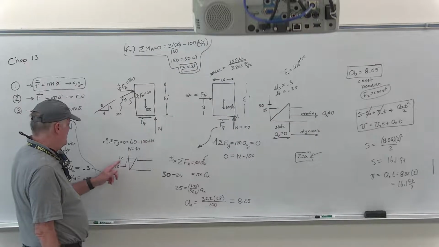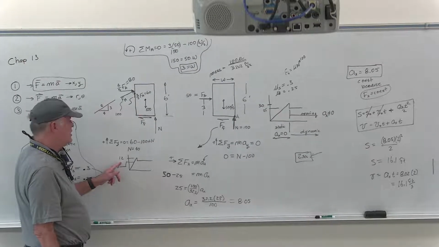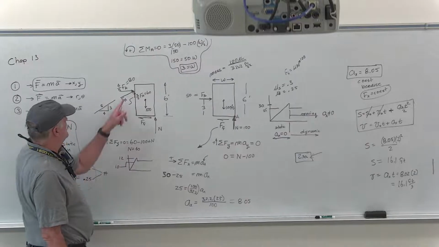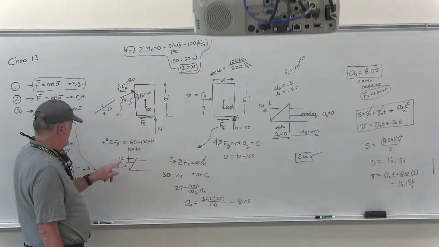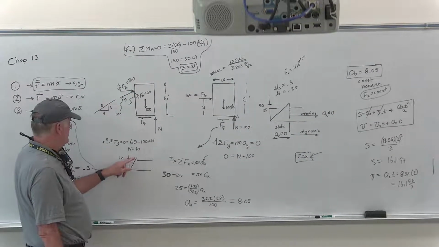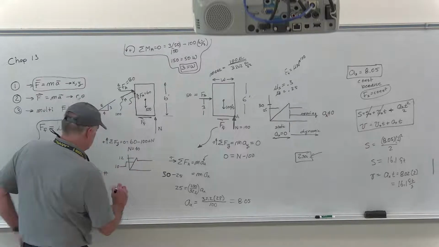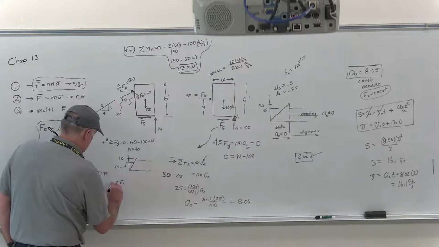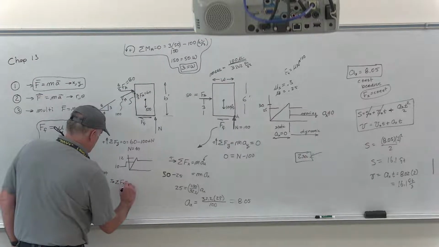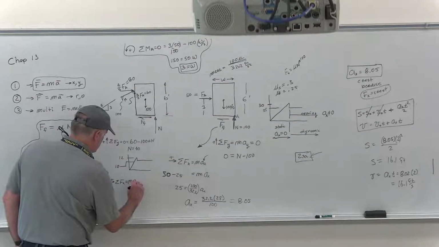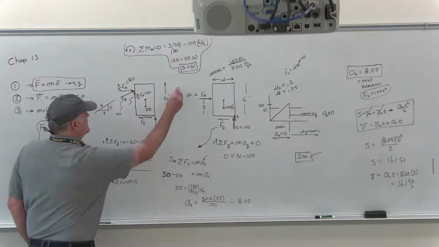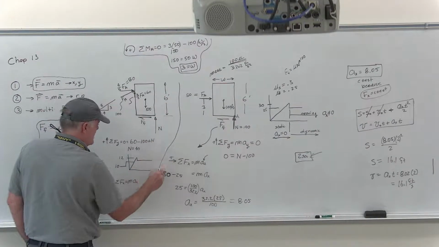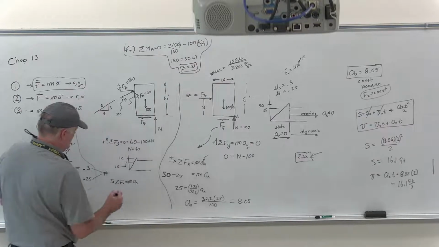So if I push more, obviously 80 is more than 12. So it's going to push it out, break it free, and then it's going to go to the right. The sum of the forces in the x is equal to the mass times the acceleration in the x. This is a different problem than that, but the setup is the same.